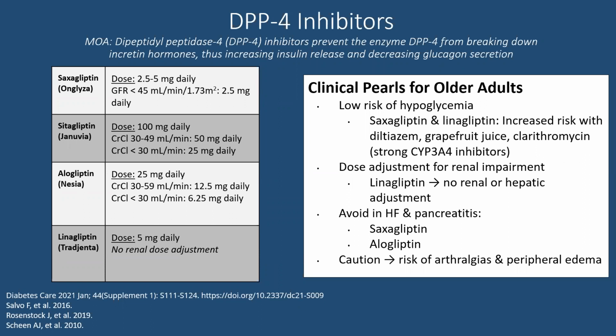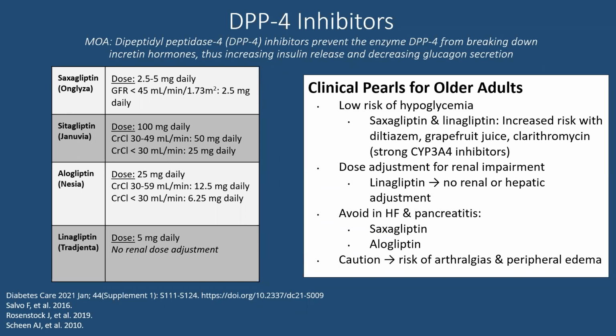The one we very commonly use is either Januvia or Tradjenta. Tradjenta's main advantage is that it does not have to be renally adjusted. You could have really poor renal function and the dose is still 5 milligrams daily. With Januvia, we're always having to monitor renal function and adjust accordingly.